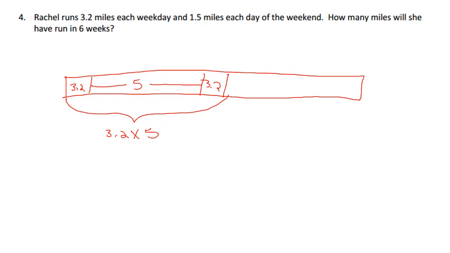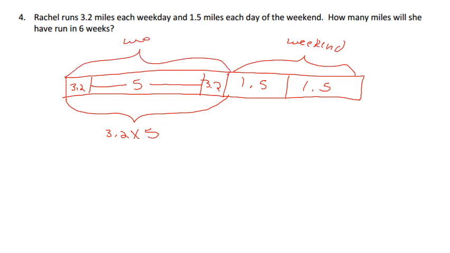And then it says 1.5 miles each day of the weekend. Well, there's 2 days in the weekend. So we know this is going to be 1.5 and 1.5 because this here is our weekend, and this is our weekdays.